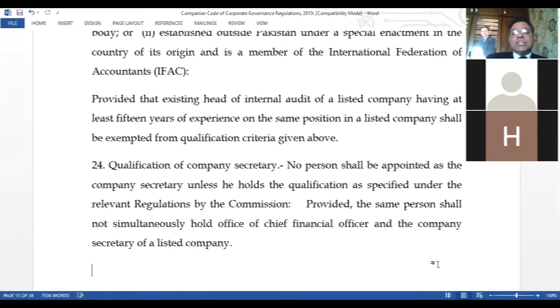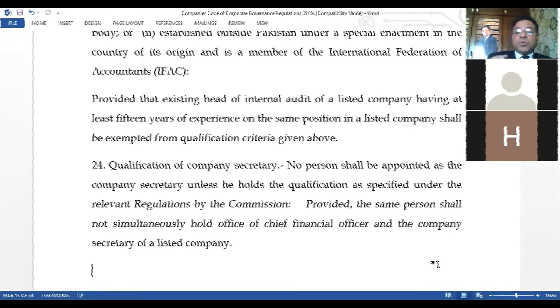This segregation has its logic and rationale: the chief financial officer and the company secretary are key posts, the personnel meant for the appropriate, up to the mark working of the listed company.